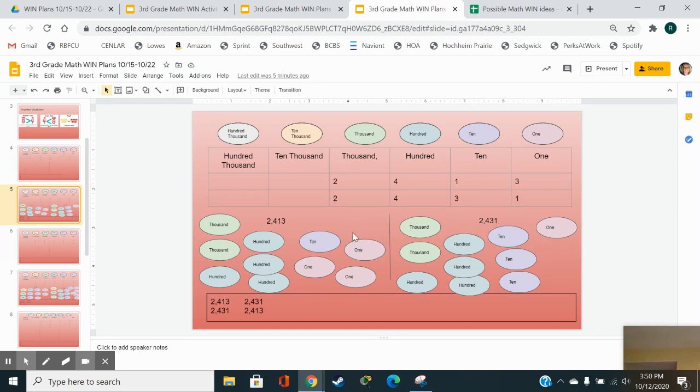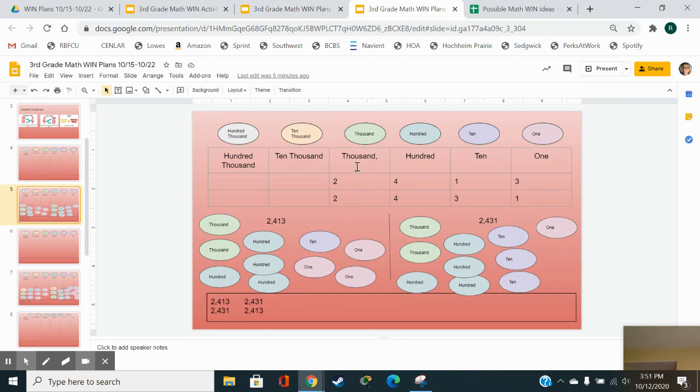Well, when I'm comparing, I'm going to see what is the same and what is different, and then I'm going to figure out which number is bigger or smaller. So one thing that you are able to do after you have built your place value discs is cross off the numbers that are the same, going one place value at a time. So I'm going to start at my biggest place value.